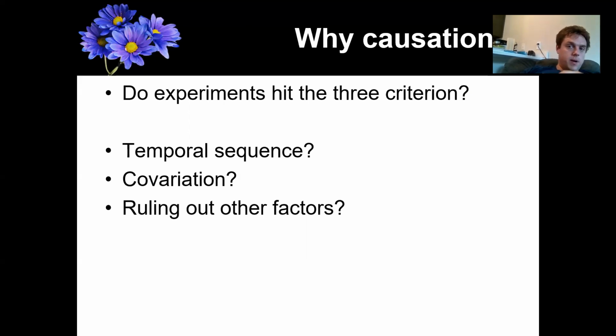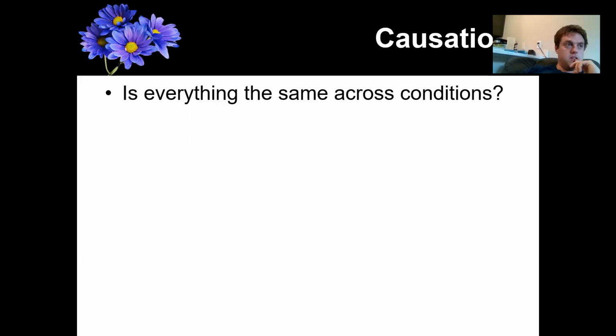However, when we run an experiment, we actually change whether a person gets a cell phone or doesn't. We know then that everything is the same across conditions, because if we've done the experiment properly, it could be the same person doing both conditions. The two conditions are the same, except for the one thing that we change.